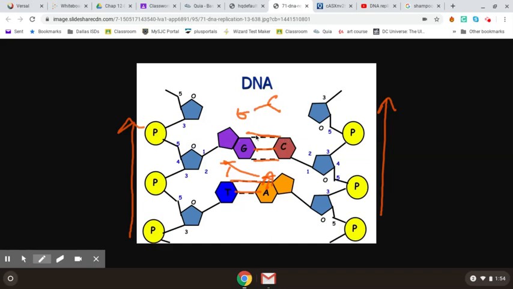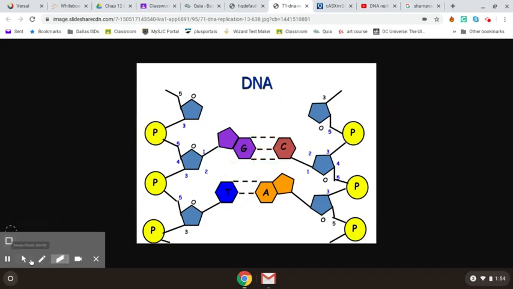See how here they're nice and level with one another? If I made them both go in the same direction, this G might be higher or shorter than the C. The C might be up here instead of over here, and they're not going to bond properly. And if I did that, this A might be too high and it might not bond with the T.